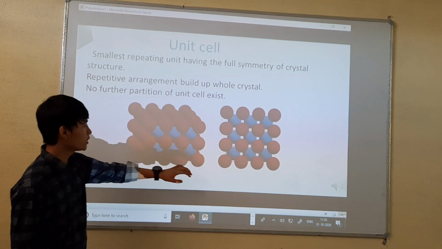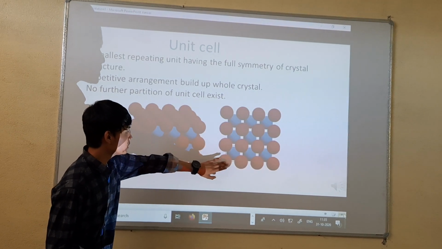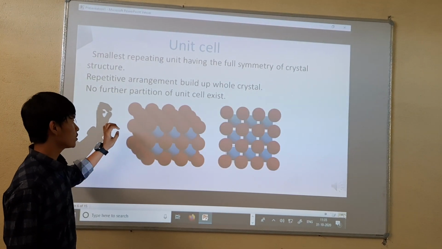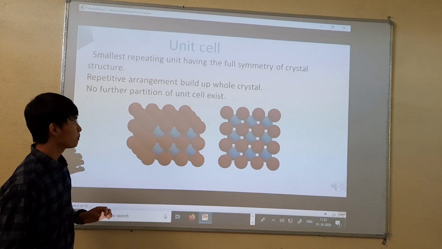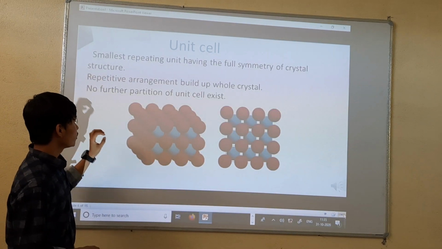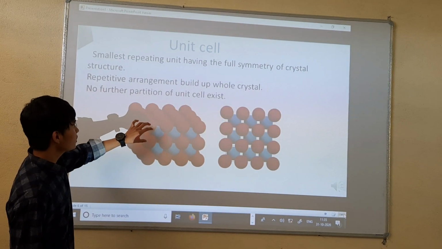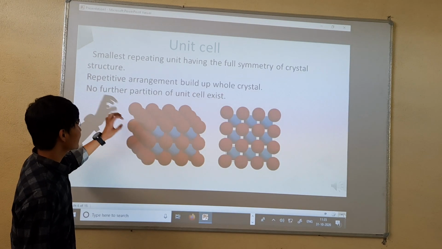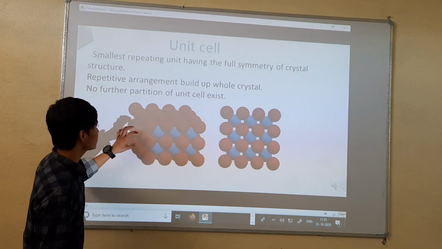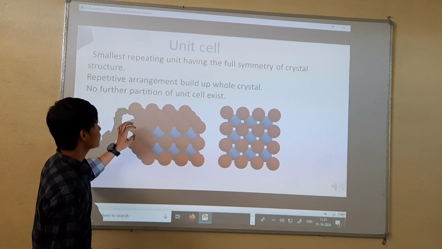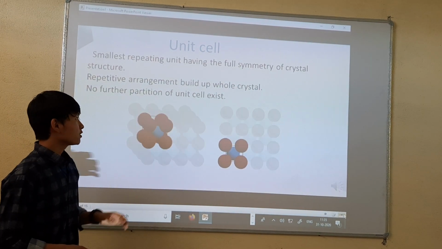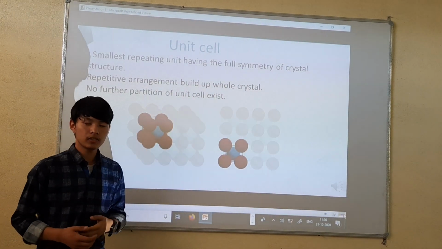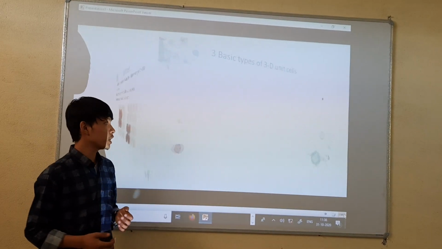This unit cell may be two-dimensional in this case, and three-dimensional in this case, as you see in the figure. On repetitive translation of a single unit cell along any axis, we get the entire crystal.